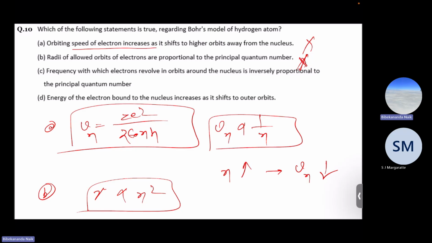Option C: frequency with which electrons revolve in orbits around the nucleus is inversely proportional to the principal quantum number. So what is the energy value? E is minus 1 by 8 m Z square e to the power 4 by n square h square epsilon 0 square. So E is proportional to 1 by n square.